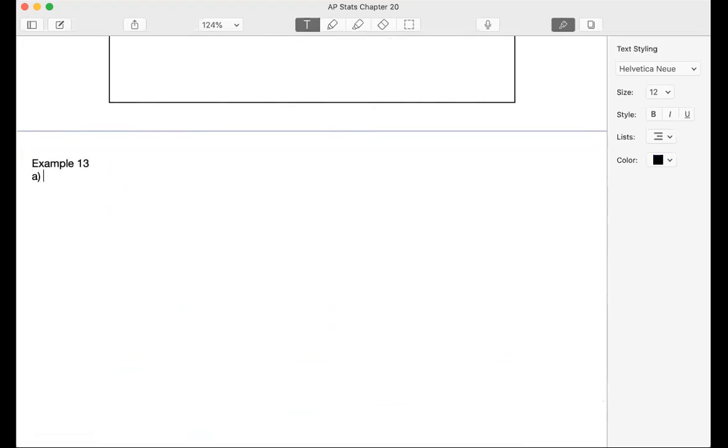A. My null hypothesis, H naught, is going to be P is equal to 0.20. And then my alternative hypothesis, I'll call HA, is going to be P is greater than 0.20. All right. B. The company wants more evidence that the ad is effective before deciding it really is.